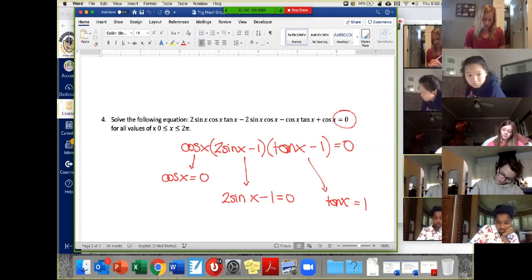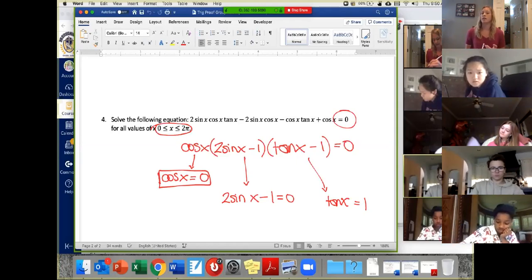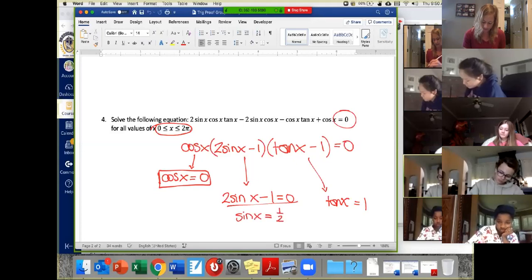So after this test, what we're headed into next is going to pull everything together that we have done this semester. This is asking me the question, where between 0 and 2 pi is cosine x equal to 0? If I solve this one out, add 1, divide by 2, it's going to ask me the question, where is sine of x equal to 1/2?